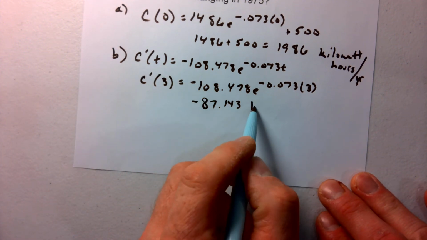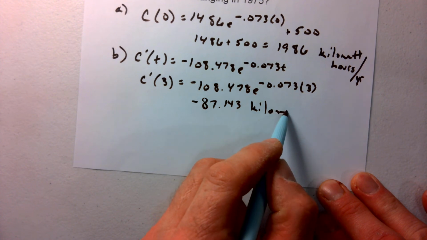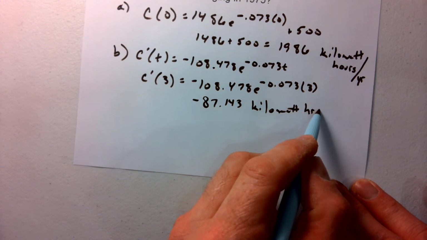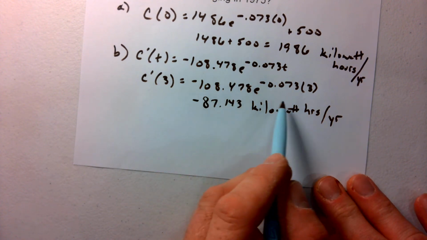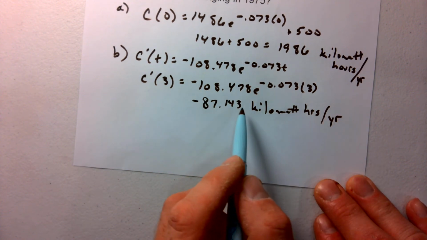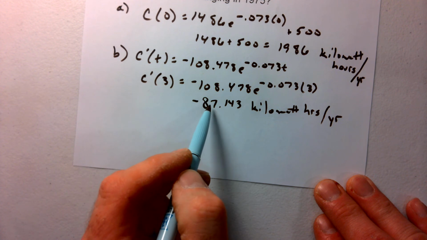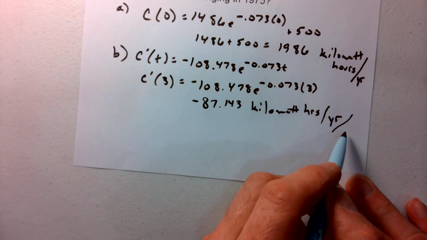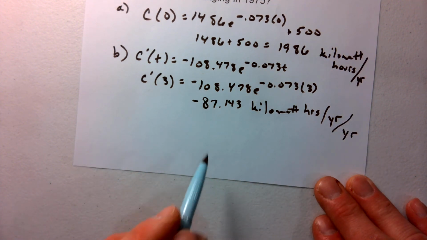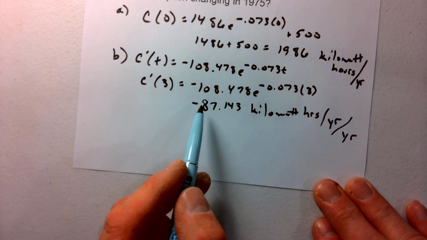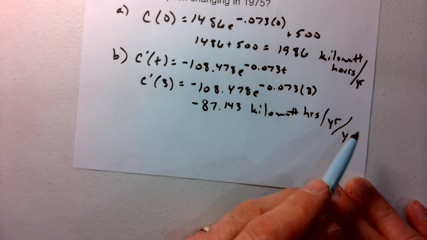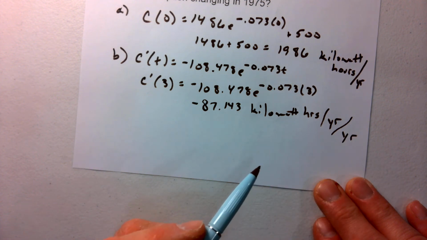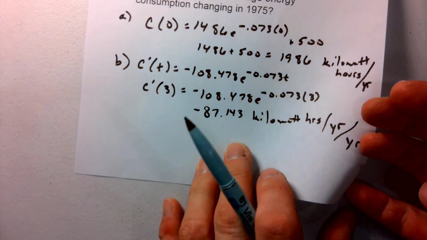Well, it's in kilowatt hours per year, but since it's already a rate, we also need this. This is going to be for a year as well, so per year. So we're decreasing negative 87.143 kilowatt hours per year every year. And that gives us that answer.